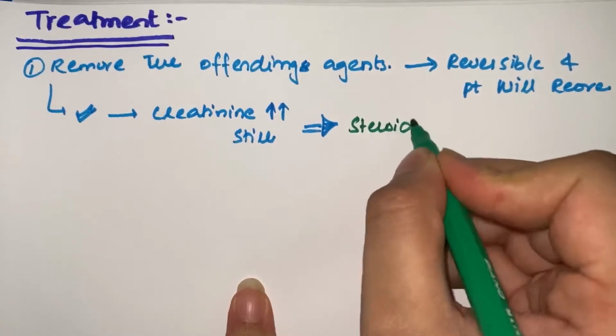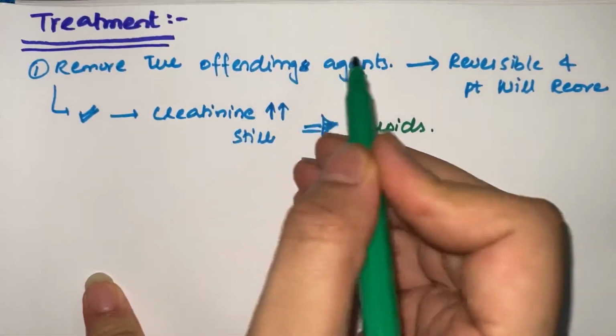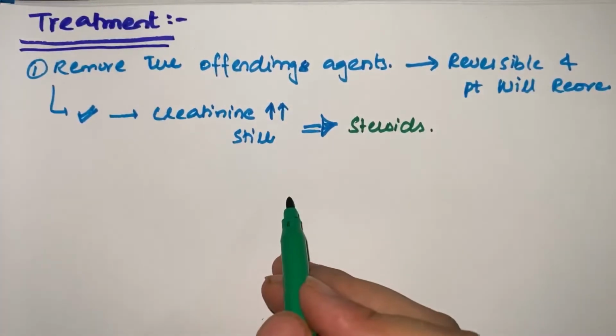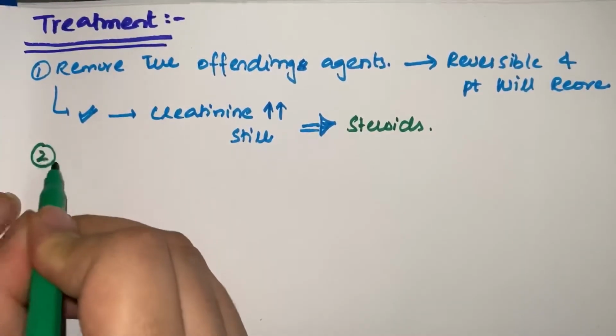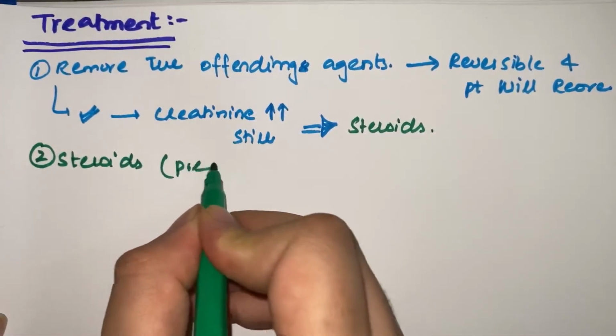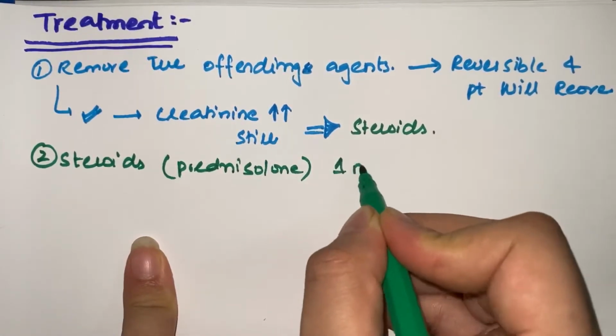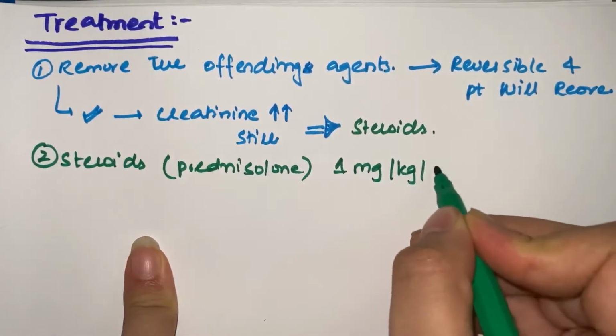So first of all, we have removed the offending agent. If it doesn't work, then we'll go for steroids. Now how will these steroids work? We will use prednisolone. Its dose is 1 milligram per kg per day.